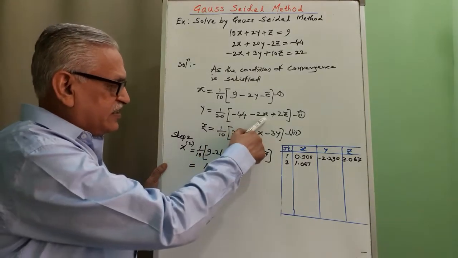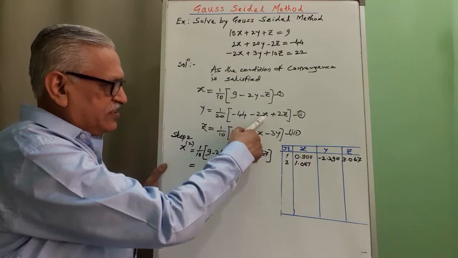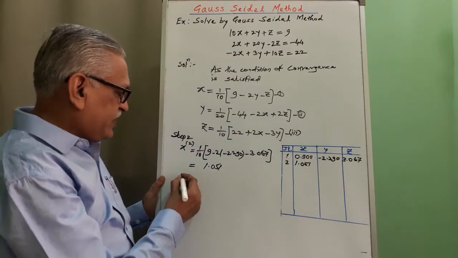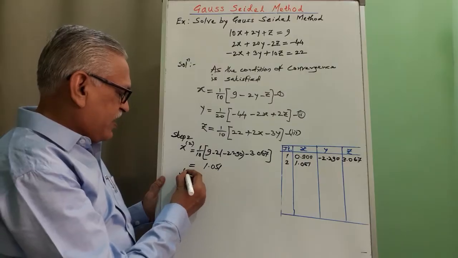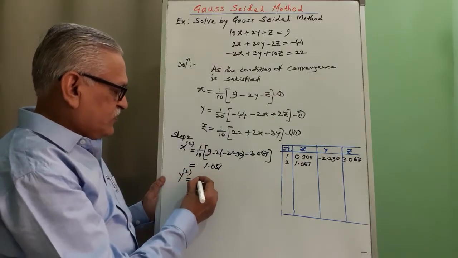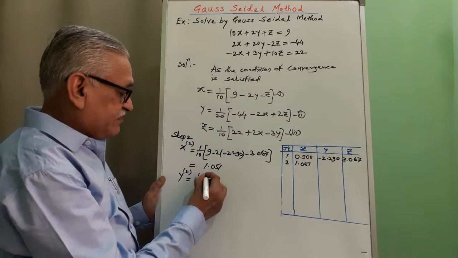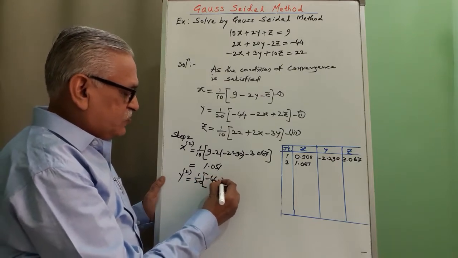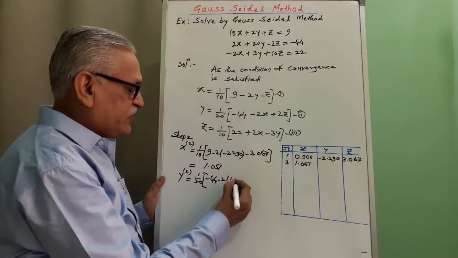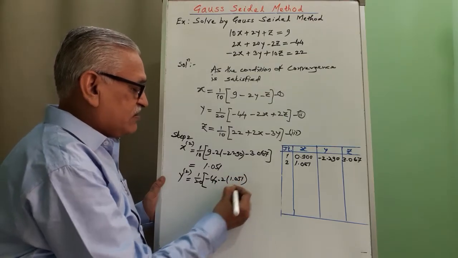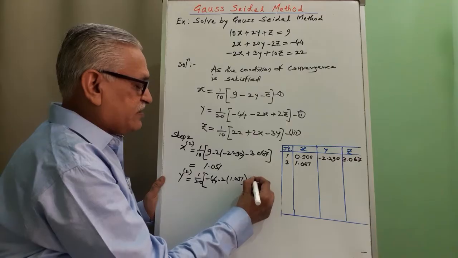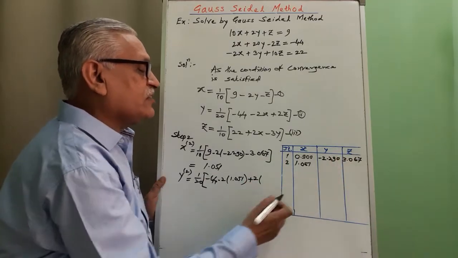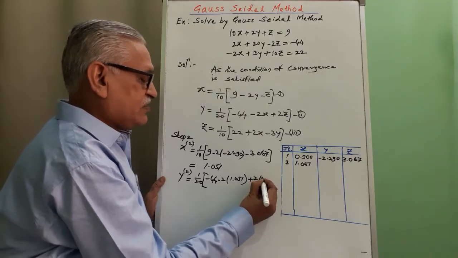Using it in the second equation and the value of z as 3.067, we get a new approximation for y as y2 equals 1 by 20 times minus 44 minus 2 into x, which is 1.051, plus 2 times z, the latest value of z, 3.067.